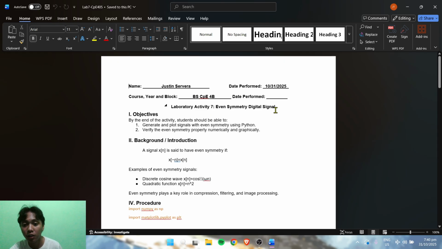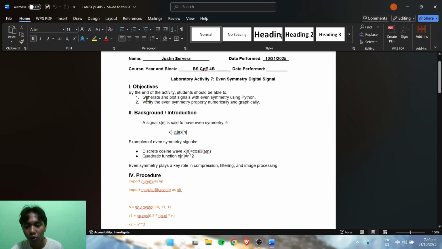This is Digital Signal Processing for Laboratory Activity 7, Even Symmetry Digital Signal. The objectives are to generate and plot signals with even symmetry using Python and to verify the even symmetry property numerically and graphically.